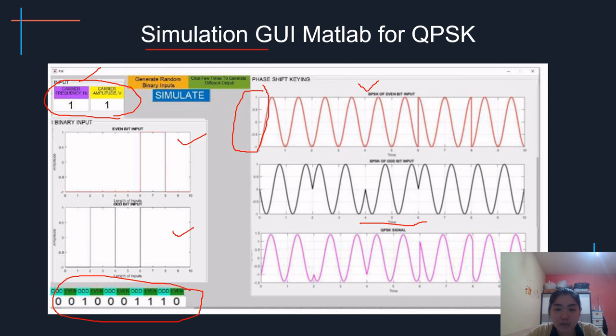After that, it will produce the QPSK waveform, which is the even sequence of BPSK plus the odd sequence of BPSK, and it will produce the QPSK.